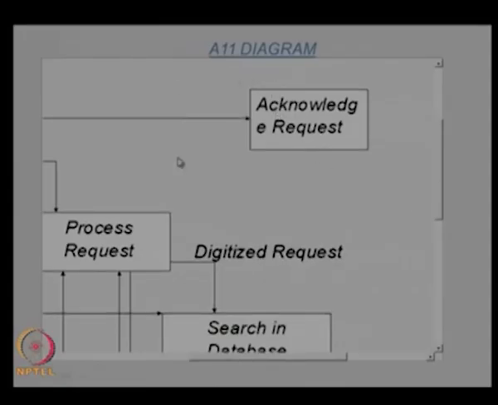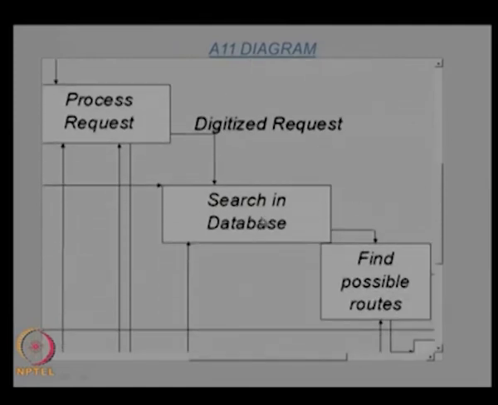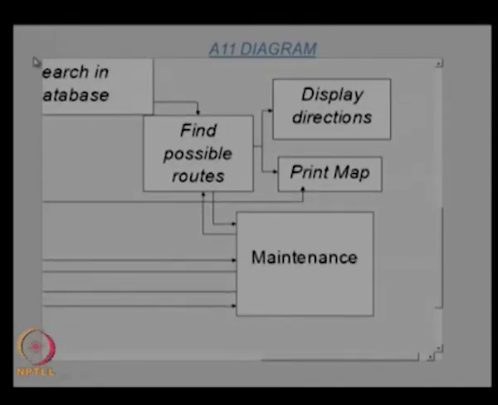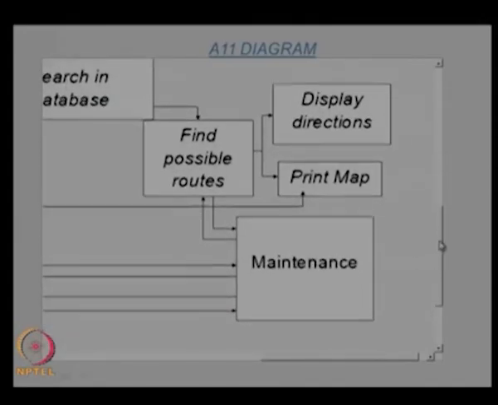So, here the output will be acknowledgement of the request, then the search in database, then find possible routes, and that route will be displayed as the output to the customer. So, these are the 4 main functions we can identify from the first function.